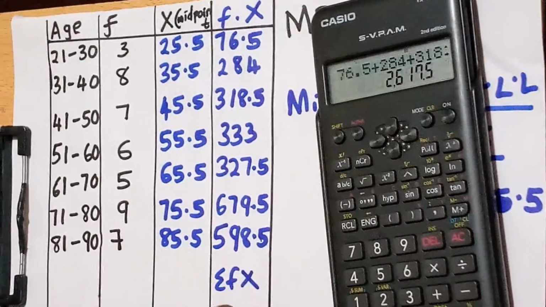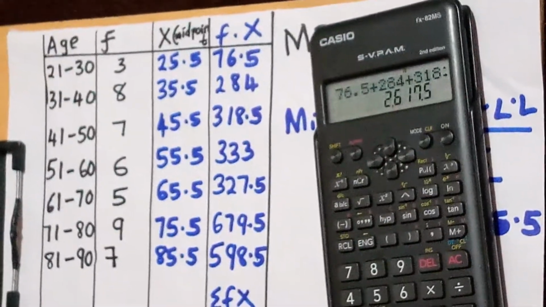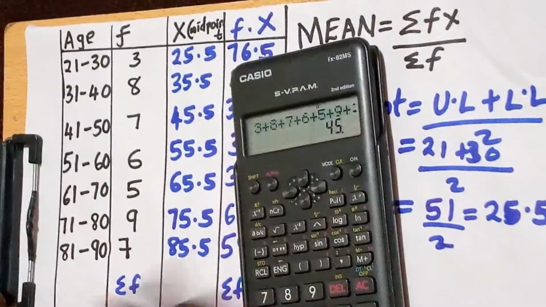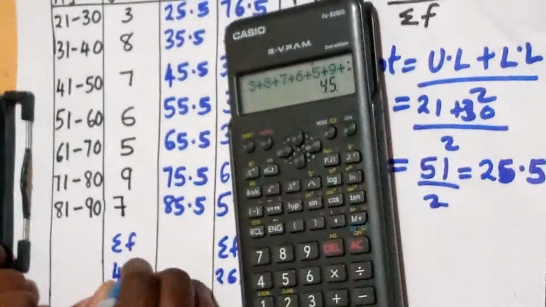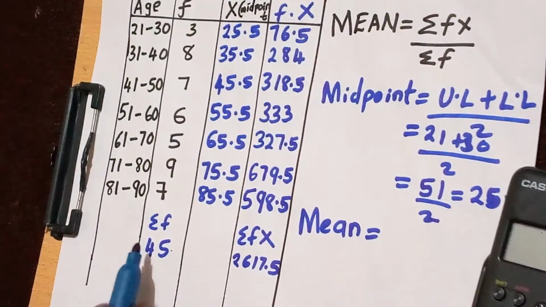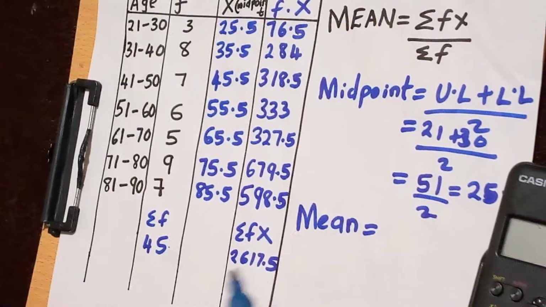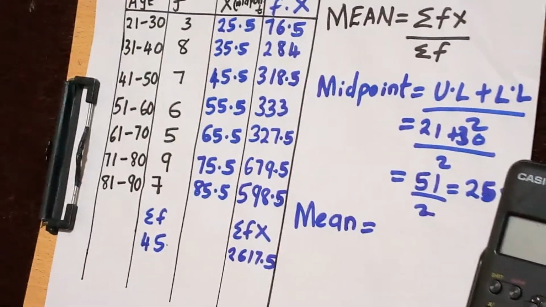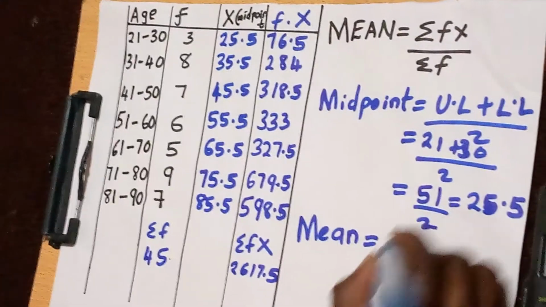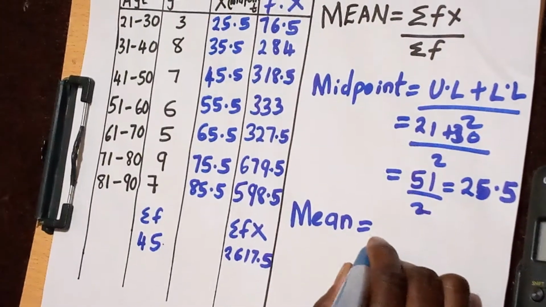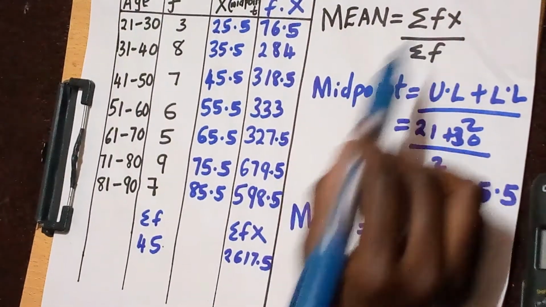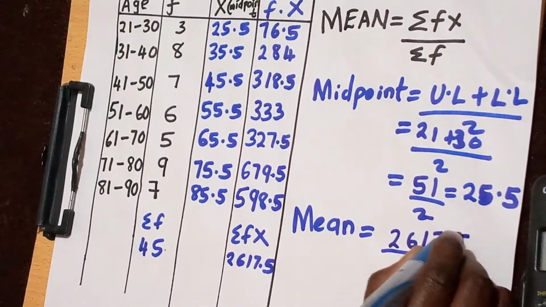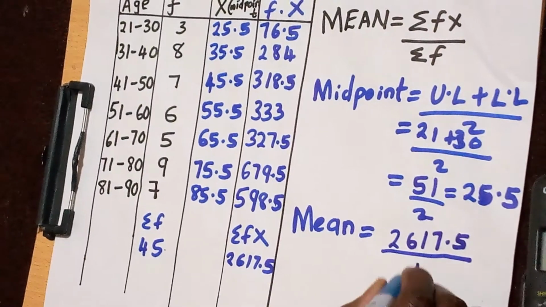The summation of fx is equals to 2,617.5. What is the summation of our frequency? Add the frequencies together. My frequency is 45. So we have a summation of frequency as 45 and a summation of fx as 2,617.5. So as per the formula of the mean, we have summation of fx as 2,617.5 divided by 45.